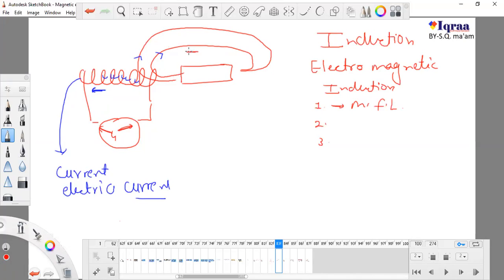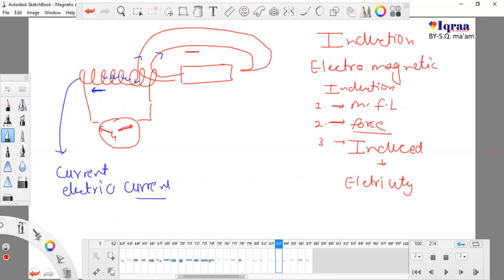So these are our magnetic field lines. And the second thing given to us will be force. Here we are not going to learn about force, because this rule is applicable for a generator. And the third thing is what is induced, or created, or produced. What is produced? Electricity is produced.